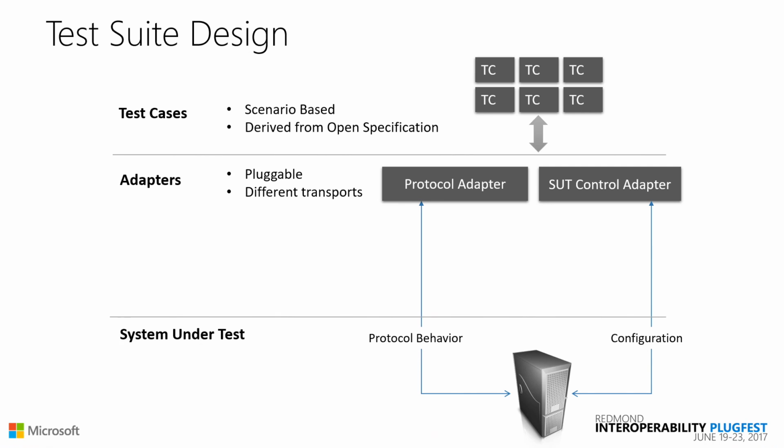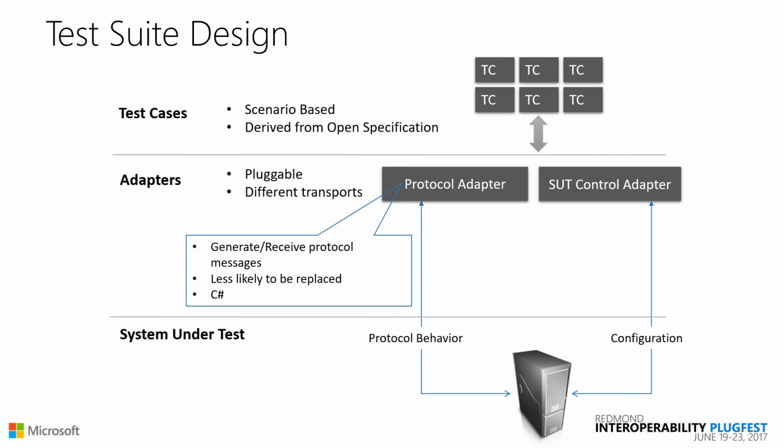Adapter includes two parts: protocol adapter and SUT control adapter. Protocol adapter generates and receives protocol messages, sends out requests, receives the response, and parses that response to see if the structure follows the protocol documentation, and also if the status follows the protocol specification.